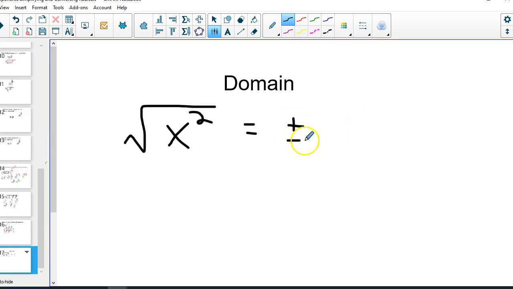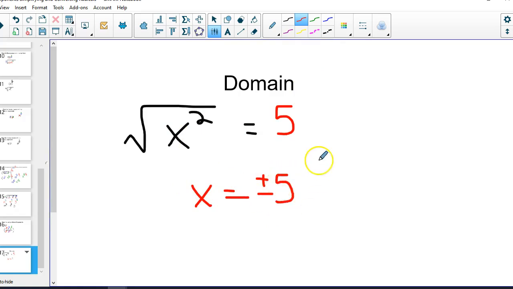We had a positive and a negative version. So say we had the square root of x squared is equal to 5. Our two solutions for x could be either equal to plus or minus 5. It could be either or.